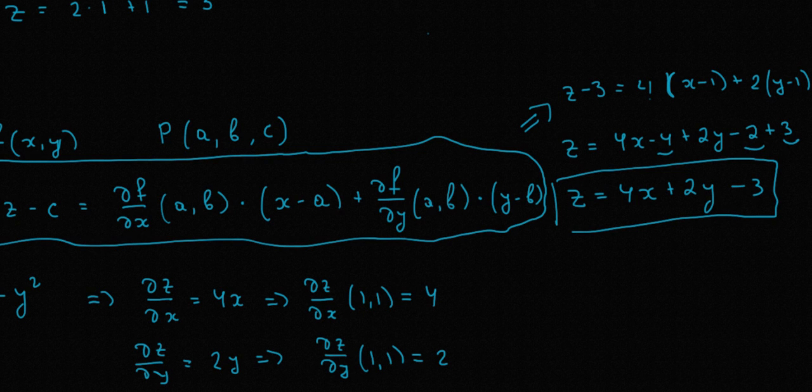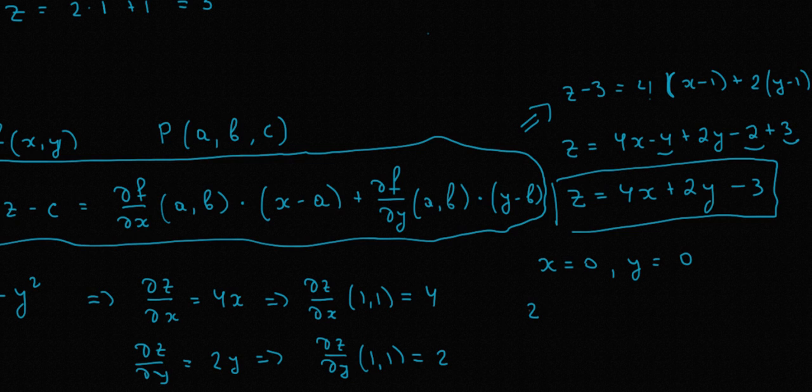Now to find the z-intercept of this plane, again very similar to how we would find the y-intercept of the tangent line, we need to plug in x equals 0 and y equals 0, right? Because we're looking for the point on the z-axis where the plane meets the z-axis. All points on the z-axis have the x coordinate equal to 0 and the y coordinate equal to 0.